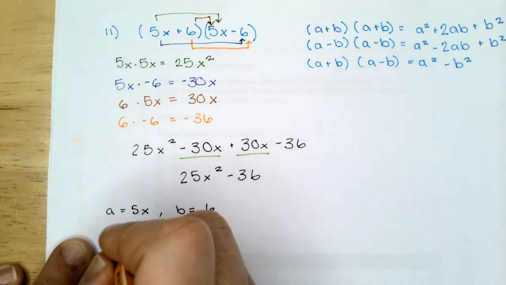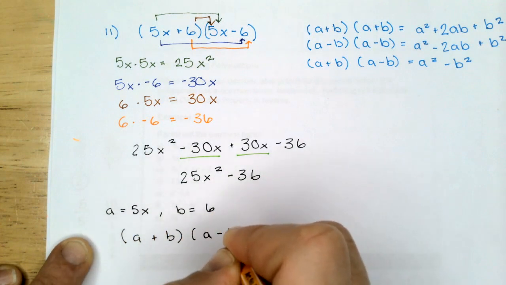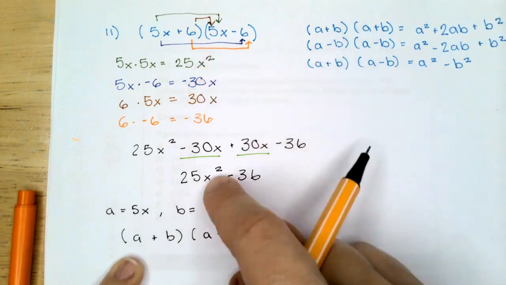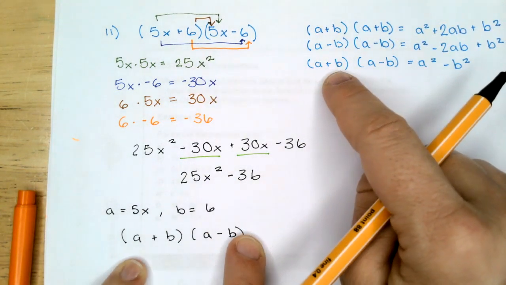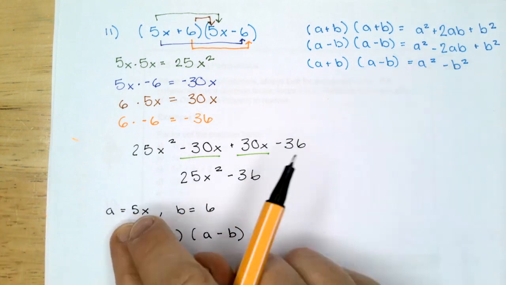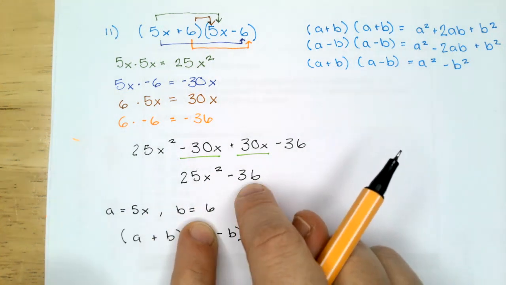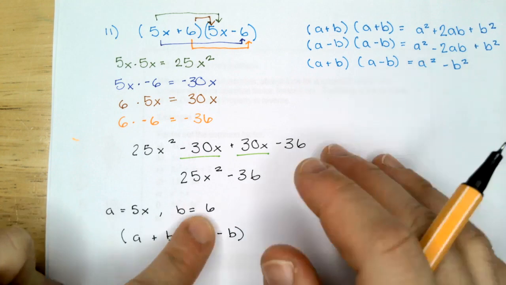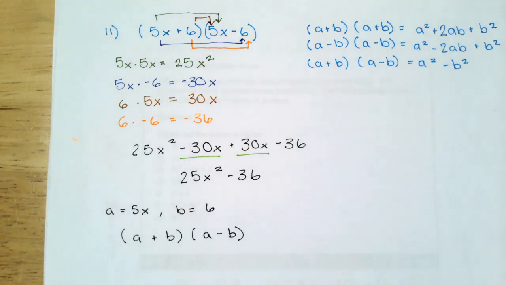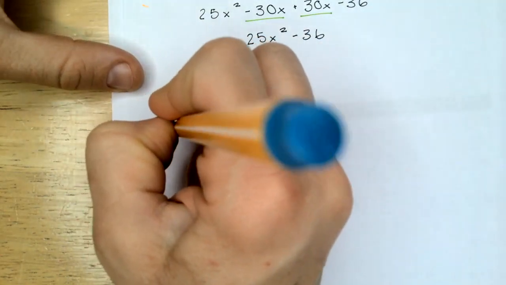So we have A plus B times A minus B. If we didn't want to do FOIL, we can say A plus B times A minus B is going to give us A squared minus B squared. And if we look at that, 5x squared is 25x squared and 6 squared is 36. So it follows that special formula. But again, I use FOIL. So I apologize for not informing you of that when I gave you questions that asked you to use the special formulas.